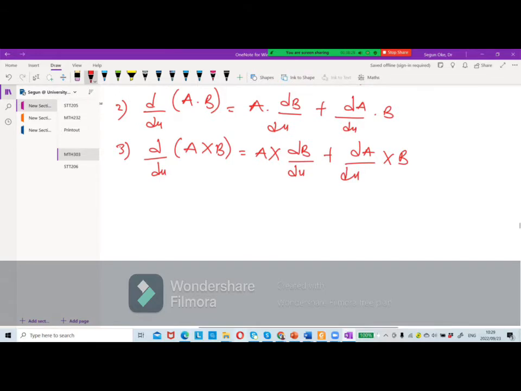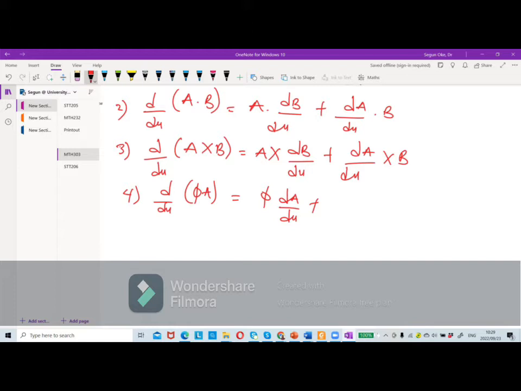So the next thing is number 4, you have d/du of phi A. It's the same thing as phi dA/du plus dphi/du A. So what are number 4 and number 2 saying?